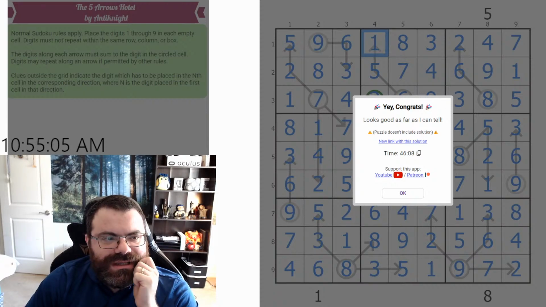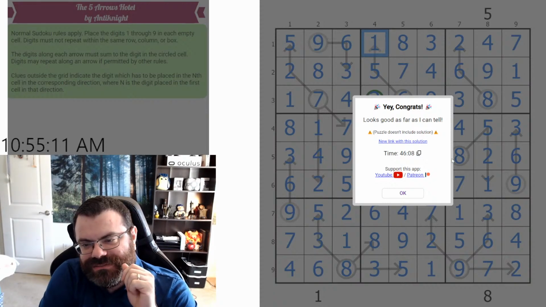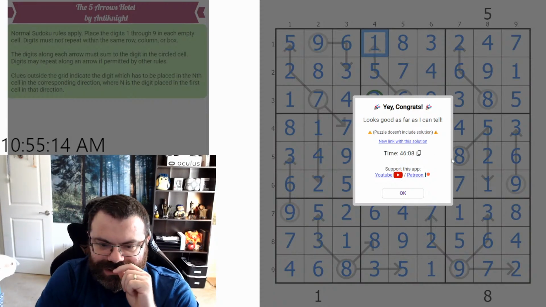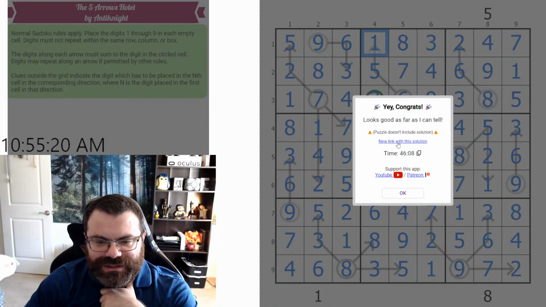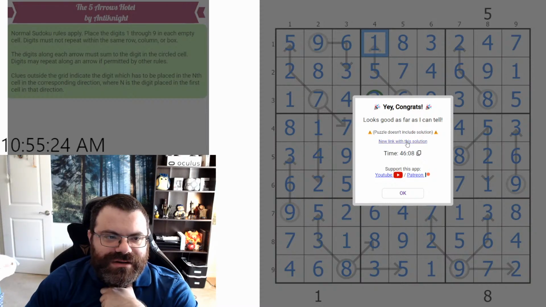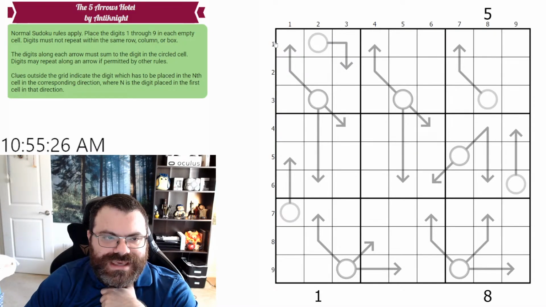By the way, guys, if you use the beta site, beta.sudokupad.app, or the test site, when you fill out your solution, you get this link here, saying new link with the solution. If you click that, that'll open the puzzle again, but it'll have the stored solution in it. And you can just make that a link.